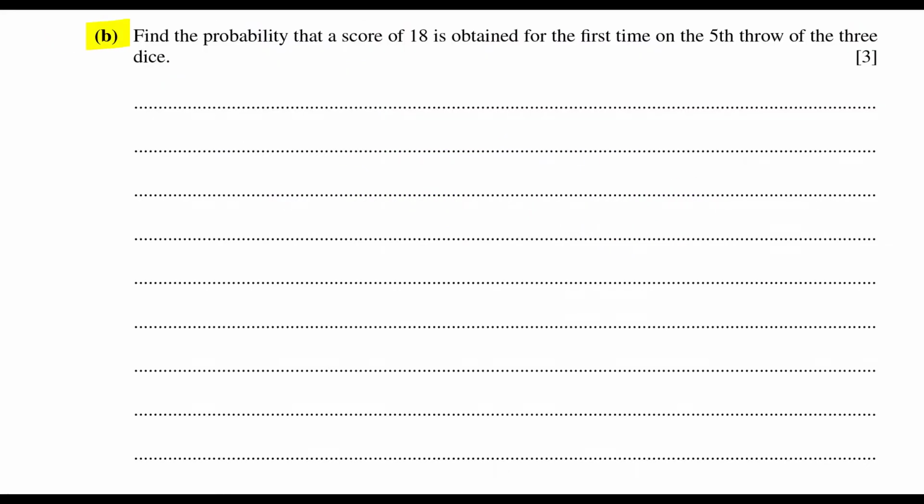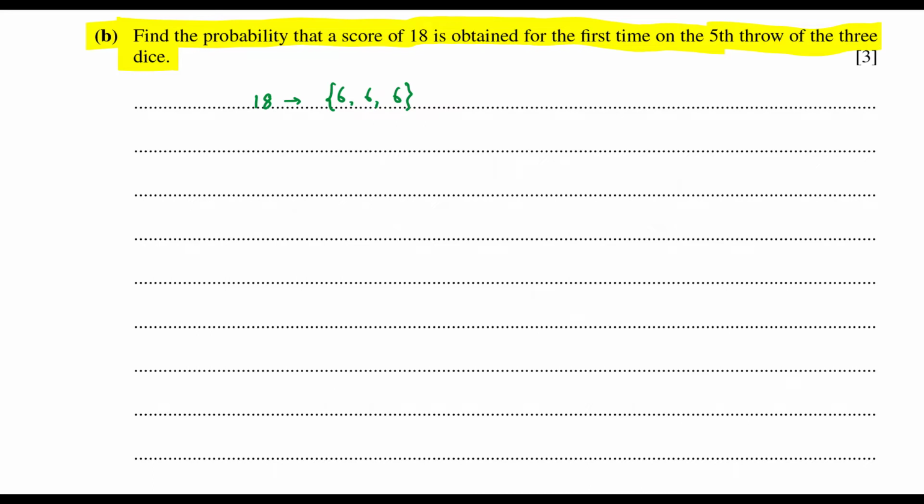In part B, find the probability that a score of 18 is obtained for the first time on the fifth throw of the 3 dice. First of all, what is the meaning of score 18? We'll get 18 as a score only if we get 6 on the first, 6 on the second, and 6 on the third. This is the only possibility.